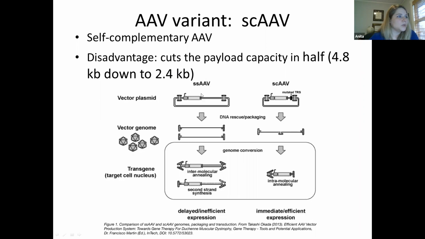When your single-stranded AAV enters the cell, it has to go through second strand synthesis using the host genome machinery. If you have the self-complementation, you can skip that step. And so this is why there's a little bit of a latency, the 7 to 10 days to get expression. And this is much shorter, on the order of a couple of days, for self-complementary AAV, but again, you're going to have a smaller payload if you use that one.